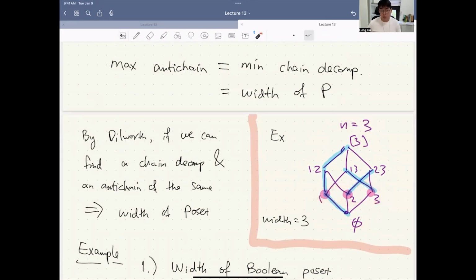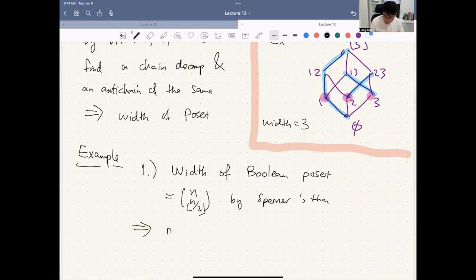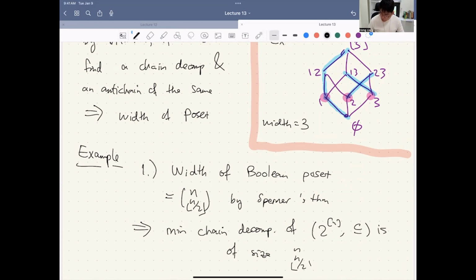And we know its largest anti-chain by Sperner's theorem, right? So the width of the Boolean lattice equals n choose n over 2 by Sperner's theorem. This implies that the minimum chain decomposition of the Boolean lattice is of size n choose n over 2.